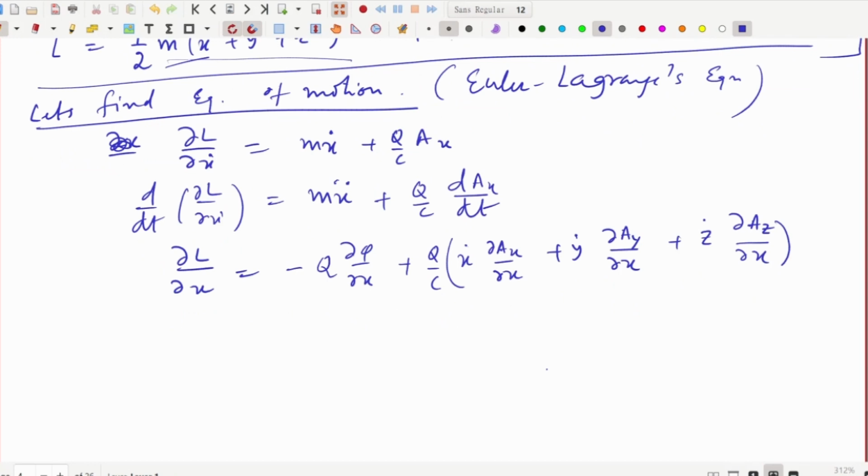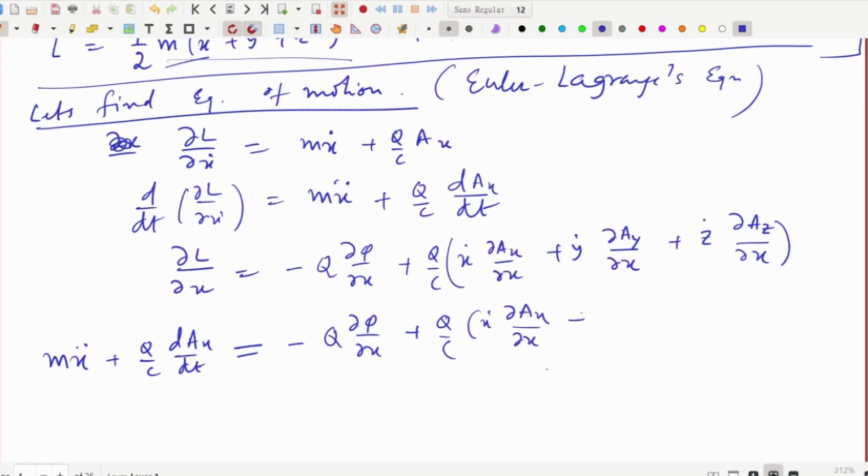The equation of motion will be m x double dot plus q by c dAx/dt, minus the other side, which is minus q ∂φ/∂x plus q by c (x dot ∂Ax/∂x plus y dot ∂Ay/∂x plus z dot ∂Az/∂x).